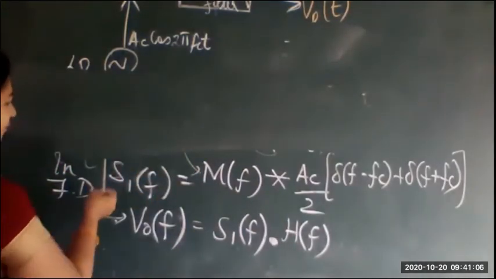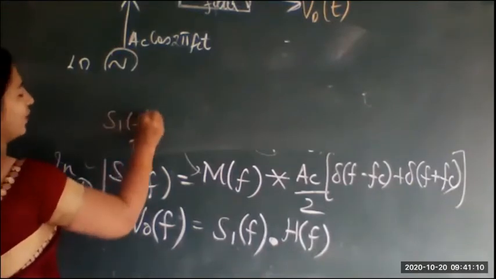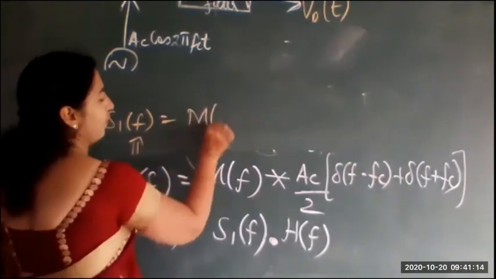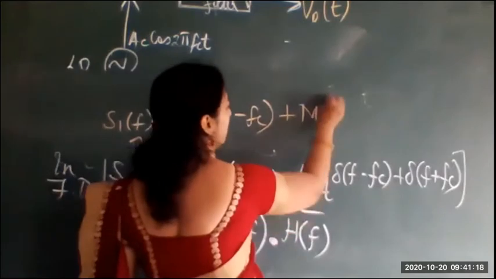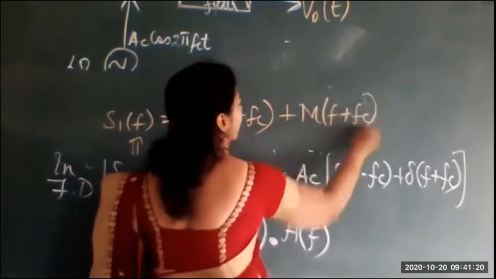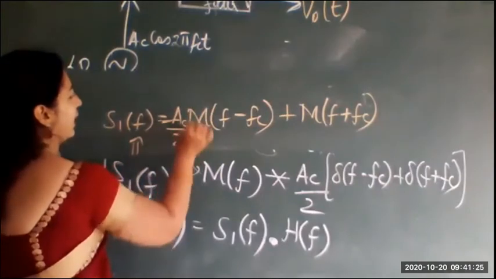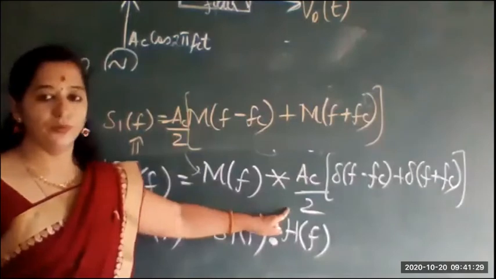So this S1 of f is M of f minus fc plus M of f plus fc, into Ac by 2.